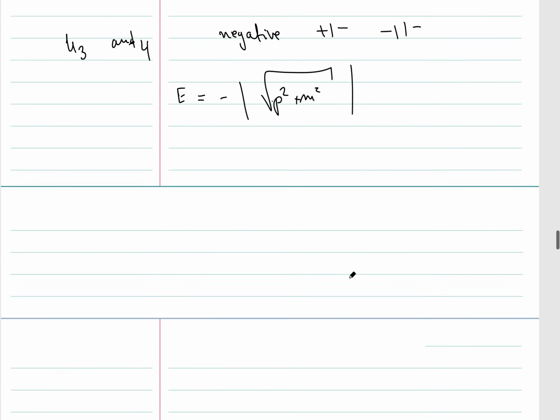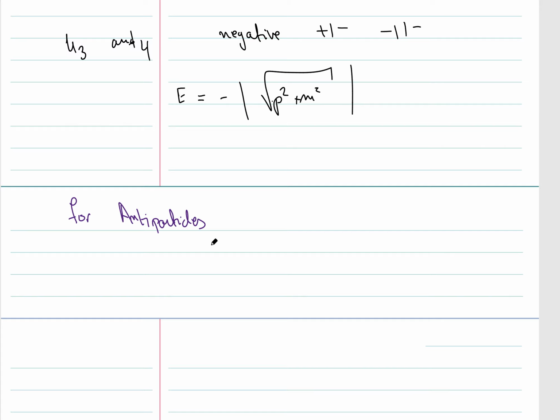Now you can also try to find the solutions. So these are the solutions for the particles, but what about antiparticles? For antiparticles, they have negative energy.